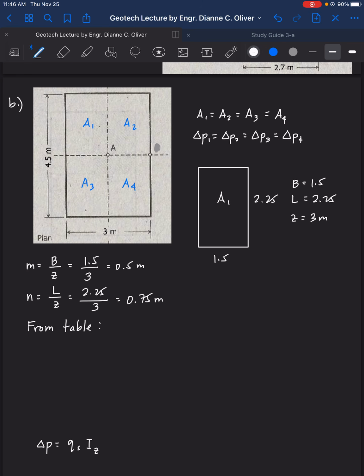So from the table we got here, for m is equal to 0.5, n is equal to 0.7, ij is equal to 0.1034, and then for m is equal to 0.5, n is equal to 0.8, ij is equal to 0.1103.